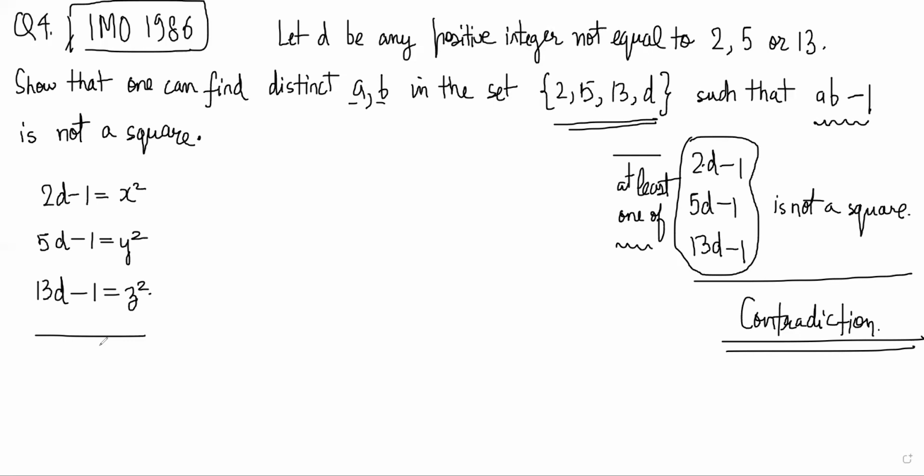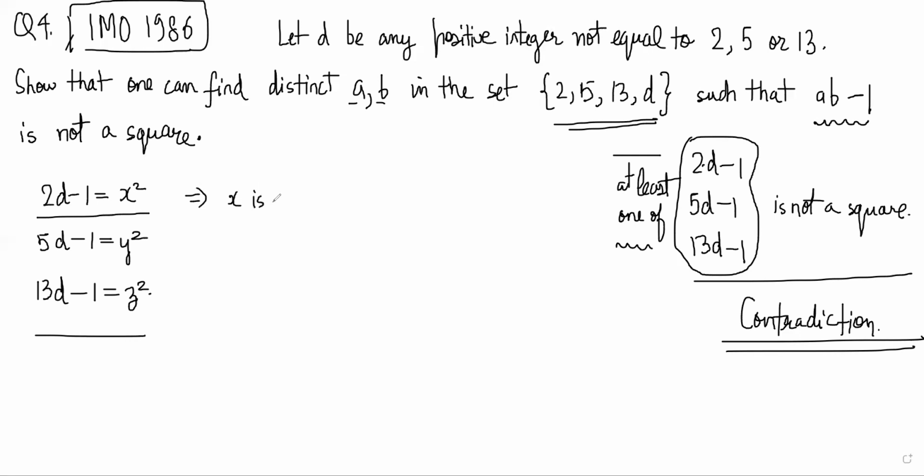My first thought is to take differences. Yes, that is possible. You will have to take that, I think. But from the first one, what can you see? x square is odd, right?